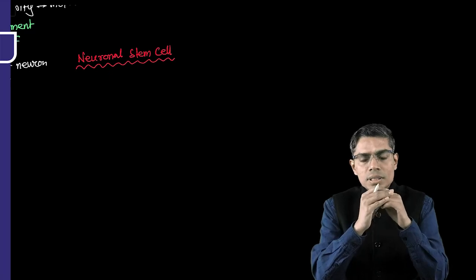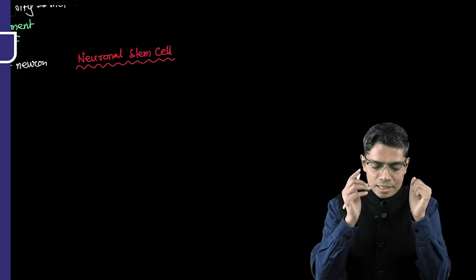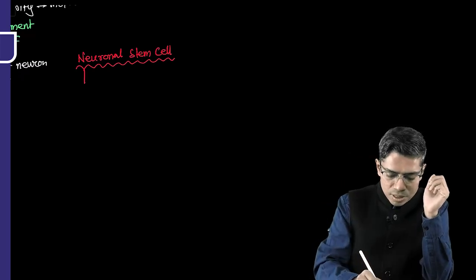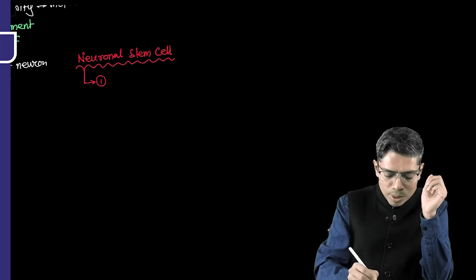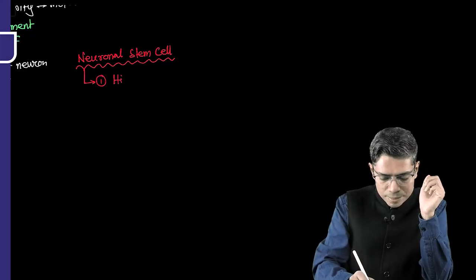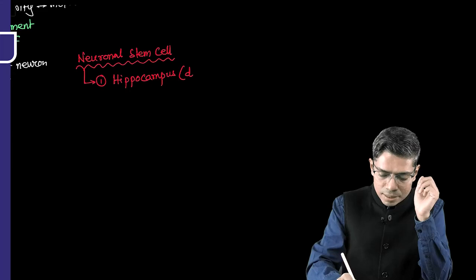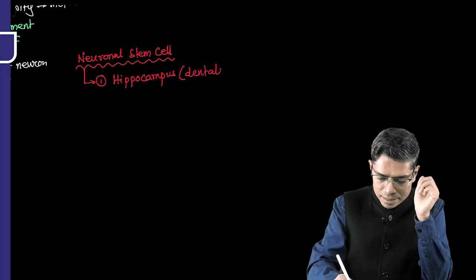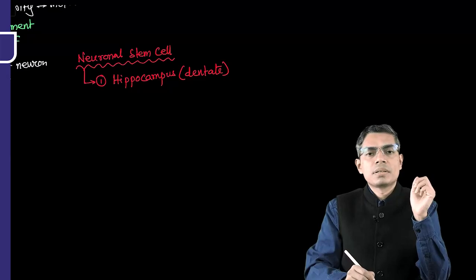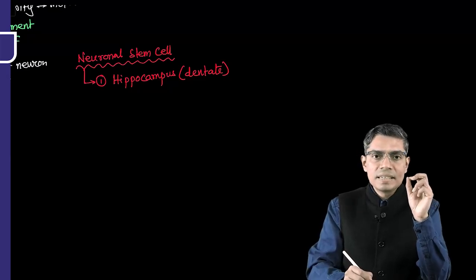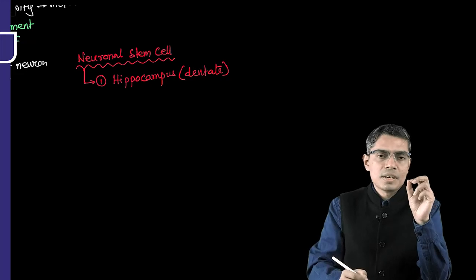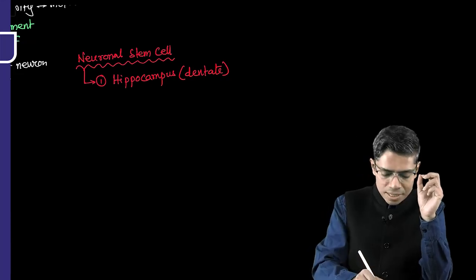Neuronal stem cells are present in certain locations of the central nervous system. Number 1, the hippocampus, particularly the dentate gyrus of the hippocampus. This is the area where definite neuronal stem cells are located.